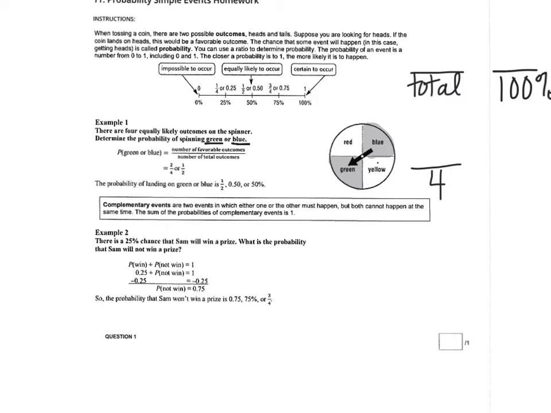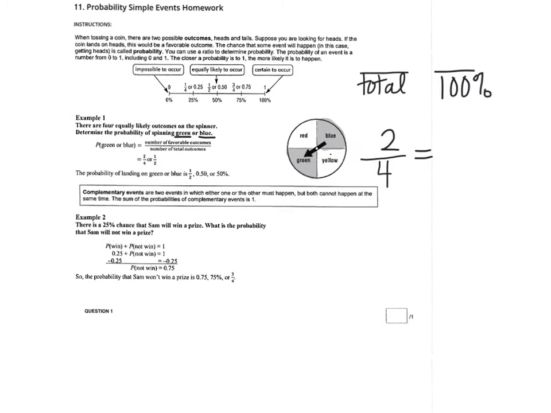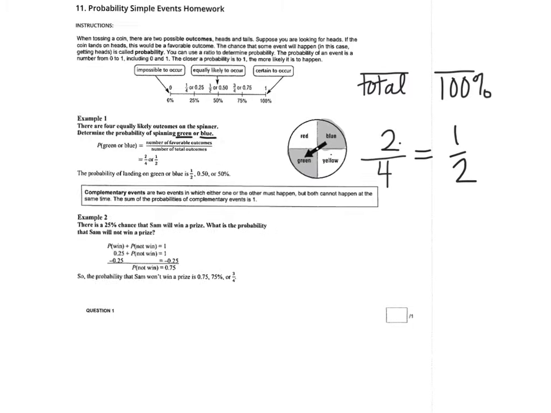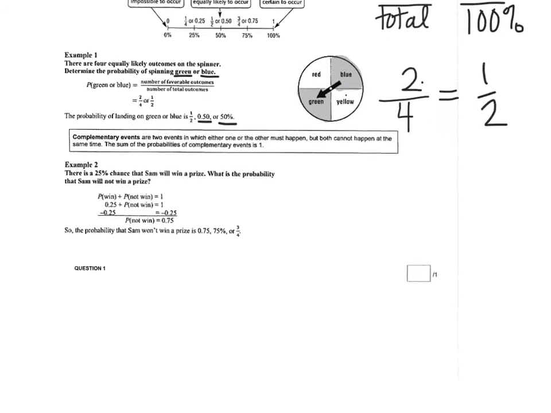So together that would be 2. So the probability of landing on green or blue would be 2, and there are a total of 4 spots. So you could land on any of them. That's why 4 is your total. So we would reduce that 2 out of 4, and that would give us 1/2, or 0.5, or 50%.